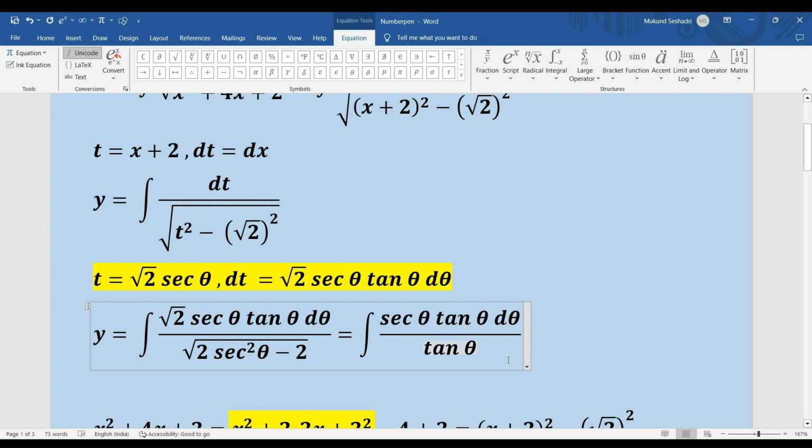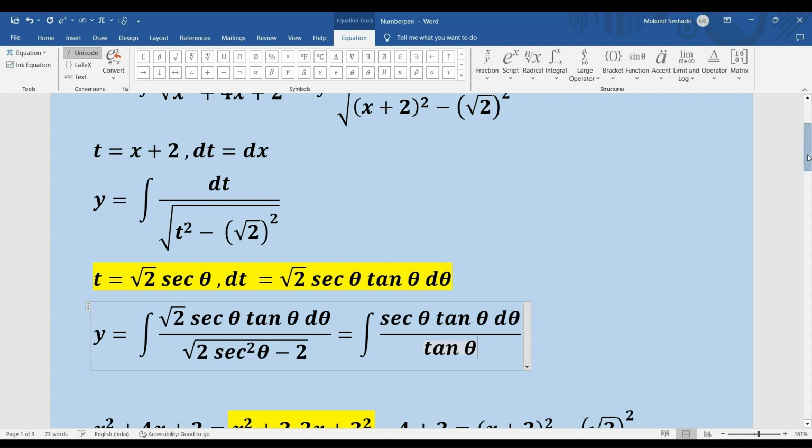I hope you folks are with me. And in case you've not understood any of the steps that I've done so far, please mention it in the comments, and I'll be happy to respond with the appropriate clarifications, right? So now I have secant theta tan theta d theta in the numerator, and I have tan theta in the denominator.